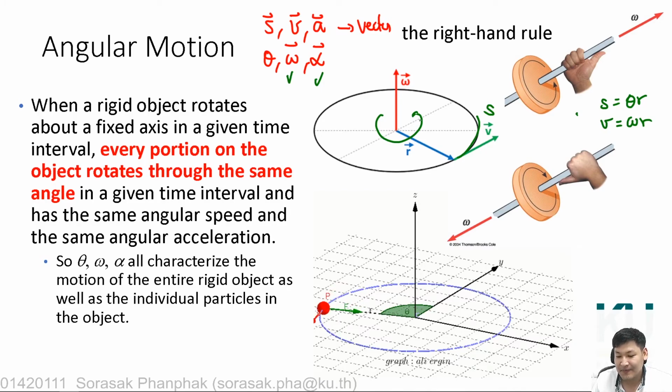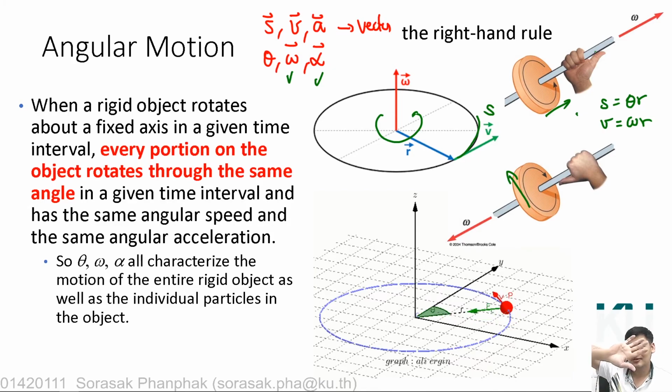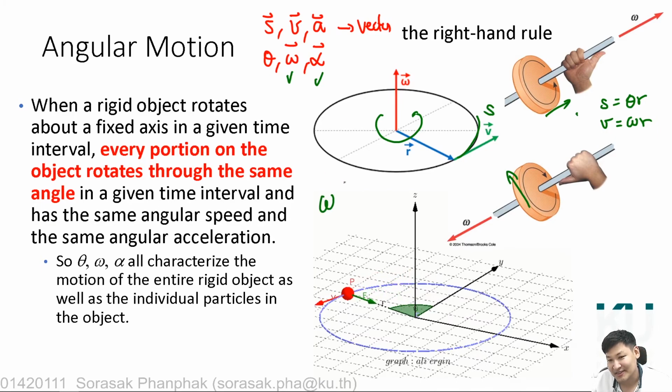However, if the tangential velocity of the object rotating around the axis moves in different directions, if it moves counterclockwise, you have the omega in this direction. If it's clockwise, which is this direction, you have omega pointing in the other direction. So by this type of relation, now we can put our omega into a vector.